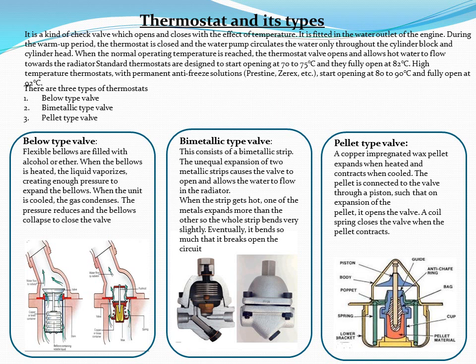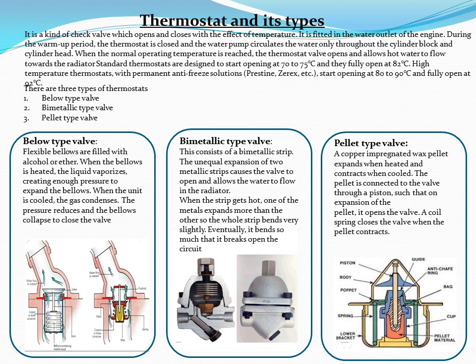When the bellows is heated, the liquid vaporizes, creating enough pressure to expand the bellows. When the unit is cooled, the gas condenses, the pressure reduces, and the bellows collapses to close the valve, as shown in the figure.